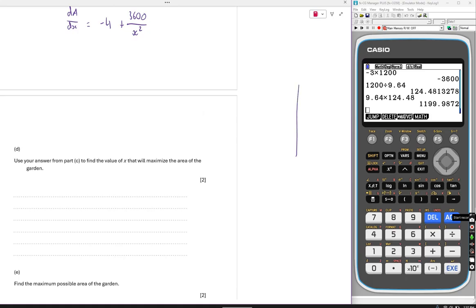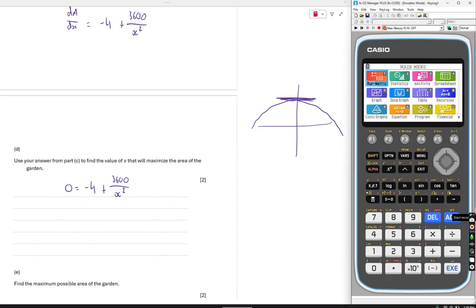So if my graph looks like this, right at that point up here, the gradient right at that point would be 0, and that is a maximum. So let's see what happens if we let the derivative equal 0. So I'm going to say 0 equals negative 4 plus 3600 over x squared.